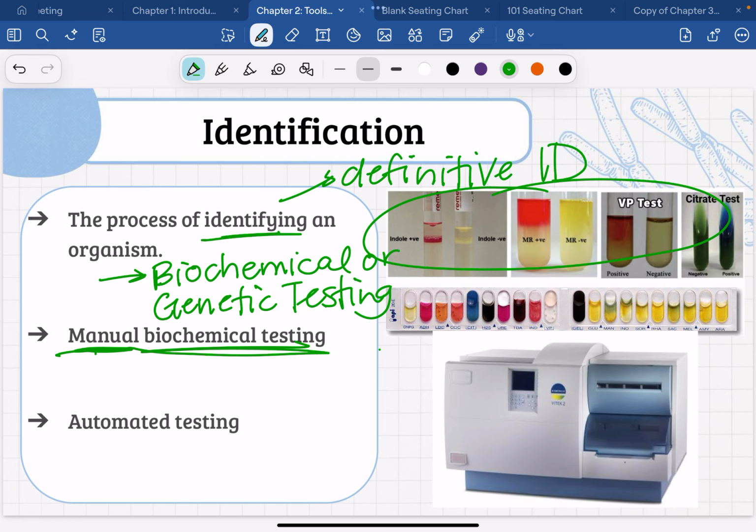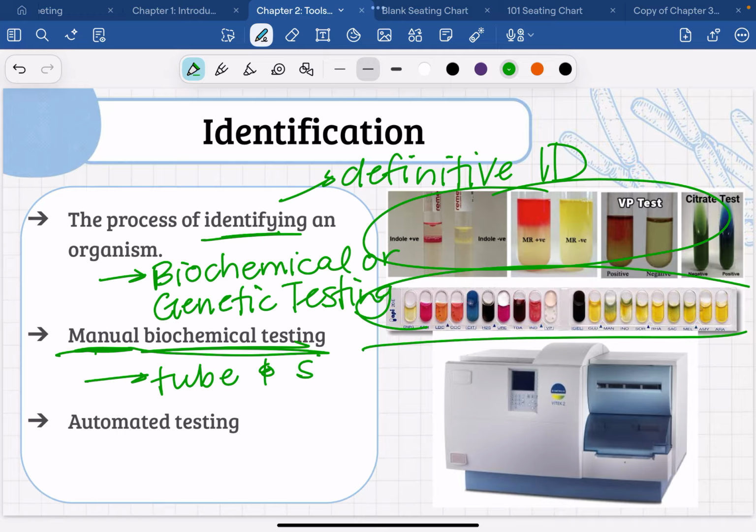And then something came in. These were strip testing. So manual biochemical testing was tube tests and strip tests. And strip tests are basically a way of taking all these dozens of tubes and condensing it down into something a little bit smaller. Okay? But it's basically the same idea.